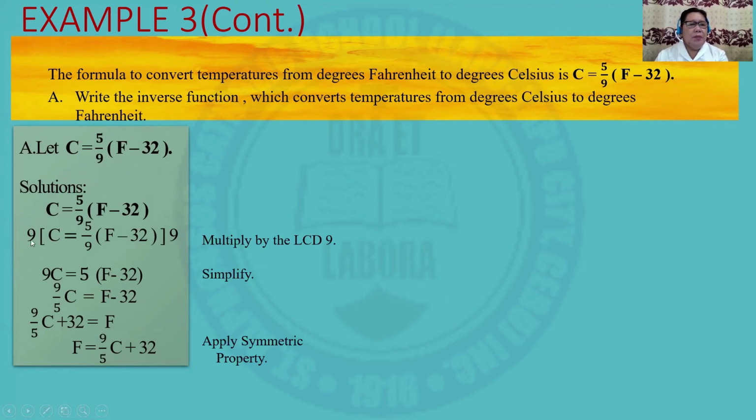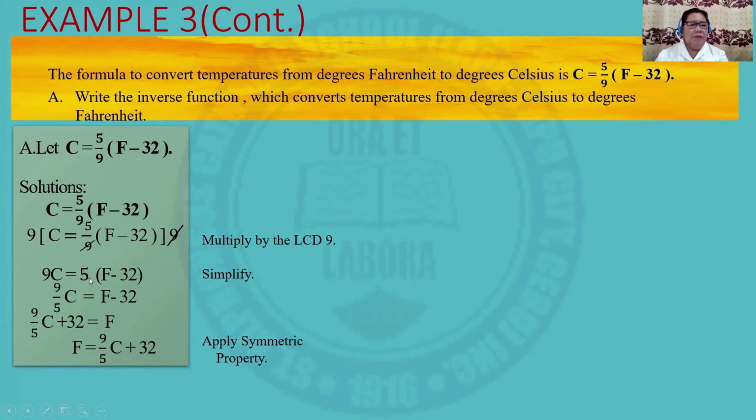Multiply both members of the equation by 9. Then, cancel 9 and 9. What is left is 5 times the quantity F minus 32, and then 9 times C is 9C.